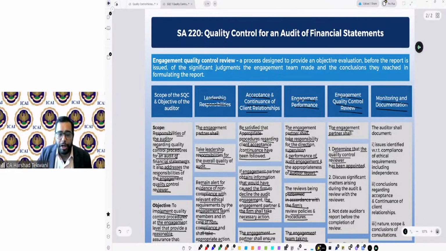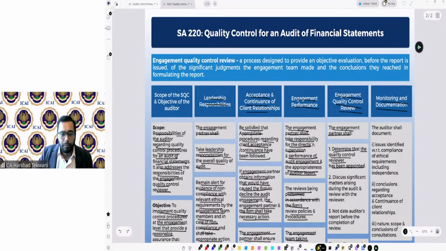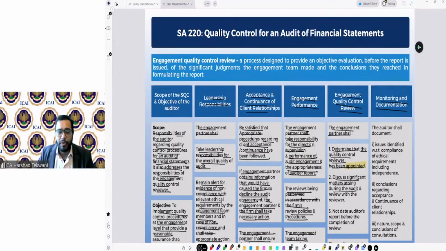So, appointment of the quality control reviewer. Second, discuss the significant matters arising during the audit with the reviewer.